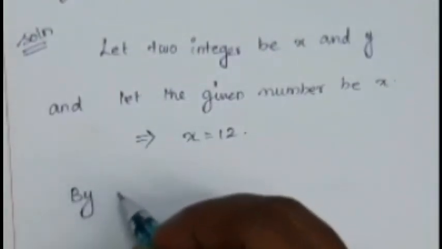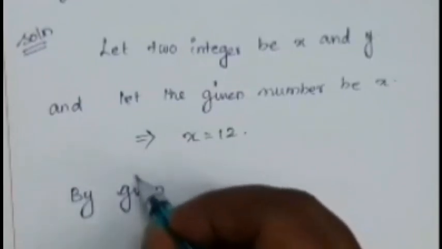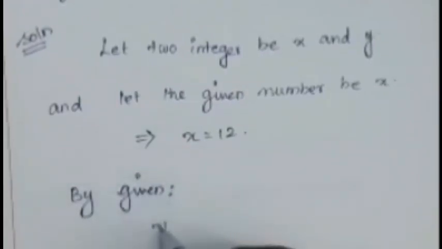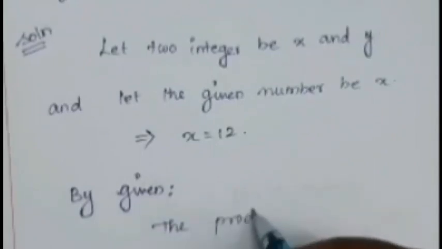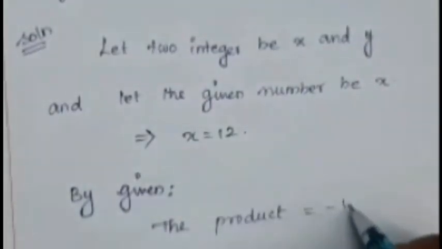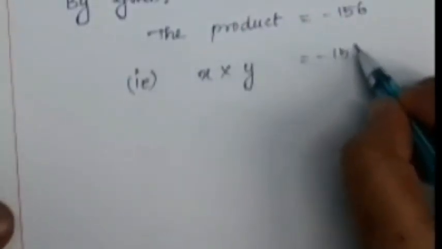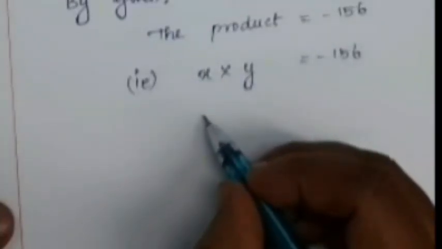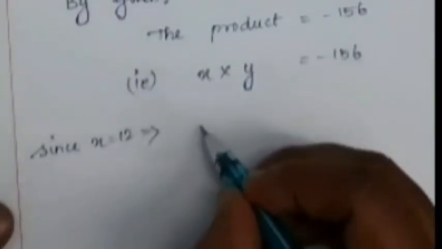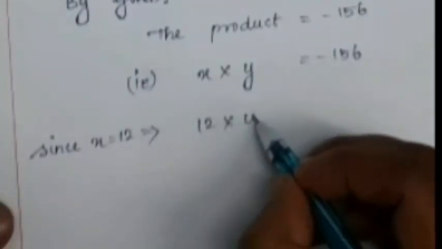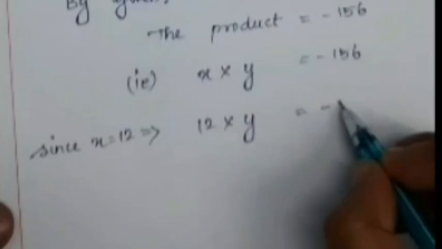By given, the product of two numbers is equal to minus 156. That is, x into y is equal to minus 156. We know that the value of x is equal to 12. So, using the value of x here, 12 into y is equal to minus 156.